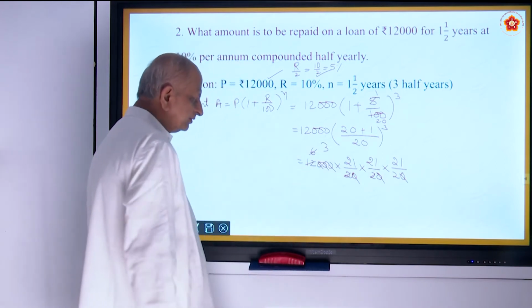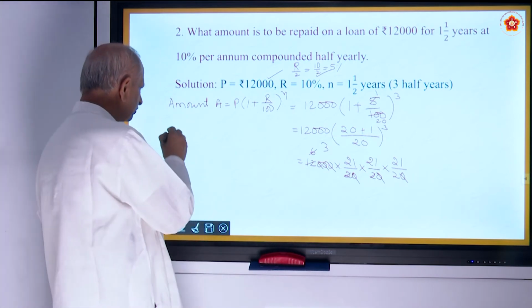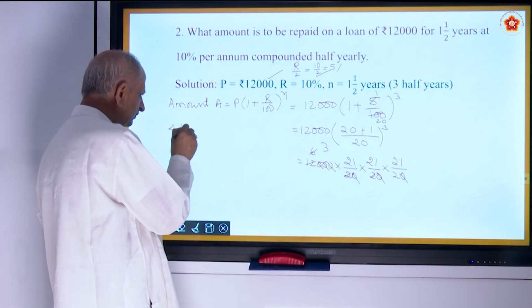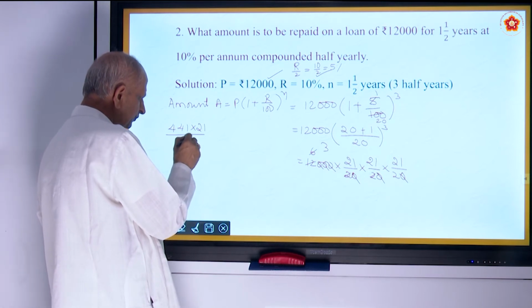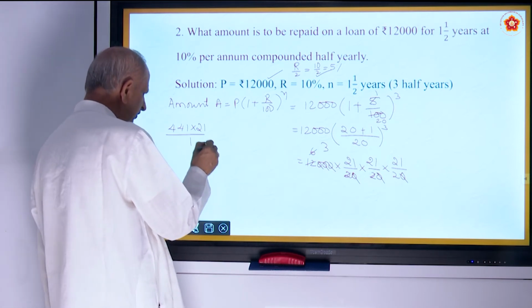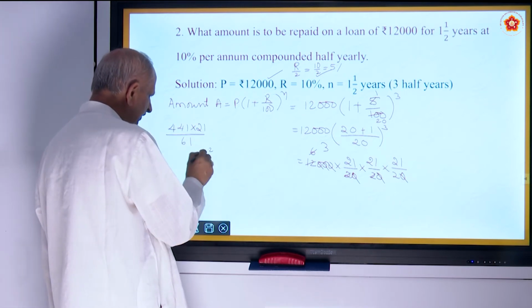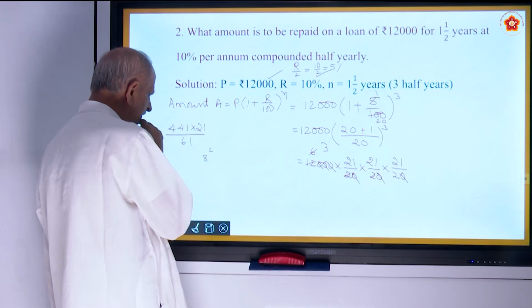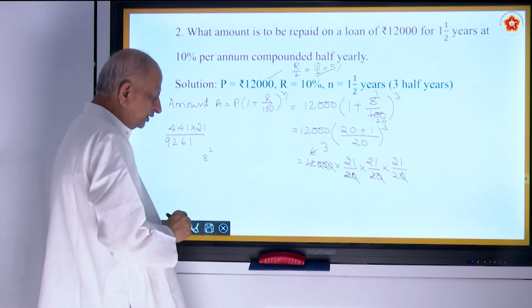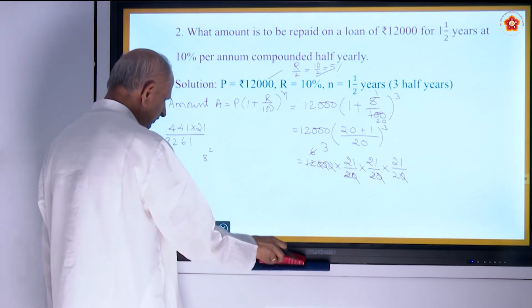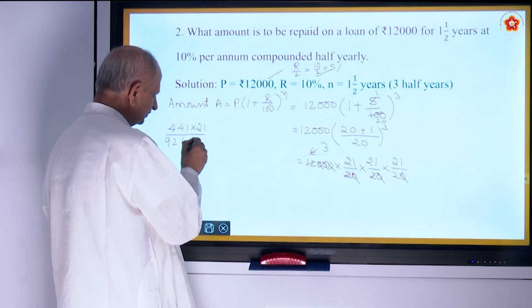Now 2 ones are 2, 2 sixes are, 2 ones are 2, 2 threes are. So 21 into 21 into 21. So 21 and 21 is 441 into 21. 21 ones are 21, 21 fours are 84 plus 2, 86. 21 fours are 84 plus 8, 92. 9261. 9261 into how much? 3.